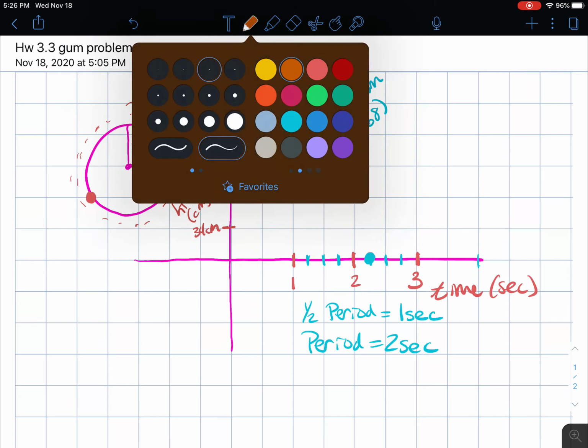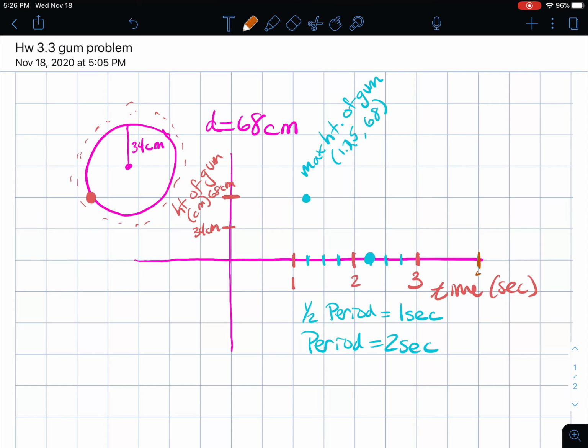Okay, so this is 4 seconds. And let's go ahead and put that full cycle in. That means at 3 1/4 seconds, we're back up to the highest point. So this is 3.25 seconds. We're back up to 68. Down here, this is 2.25 seconds. And we're at a height of 0. We're on the ground.